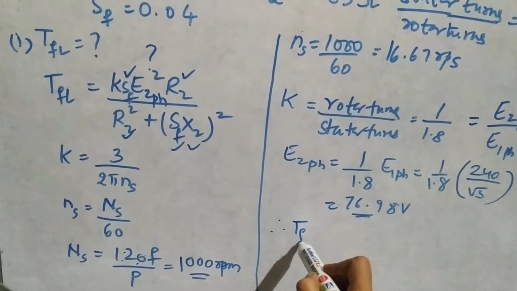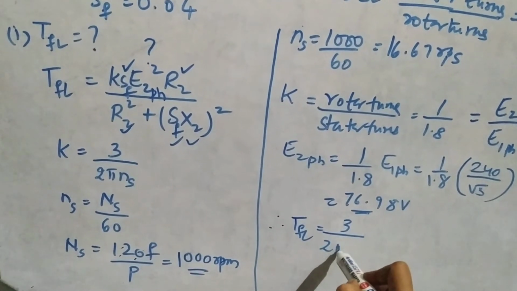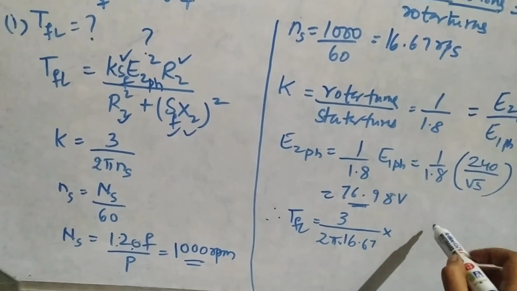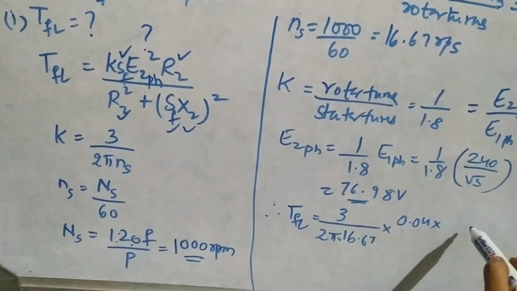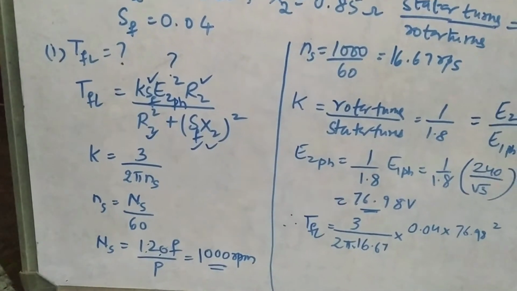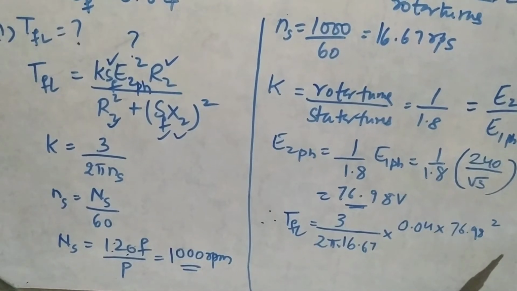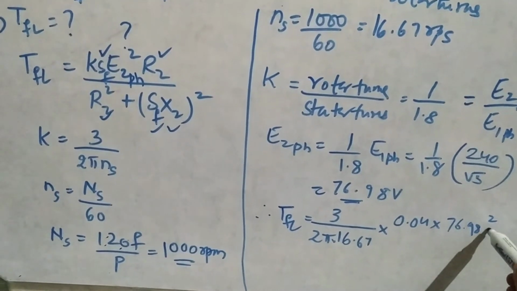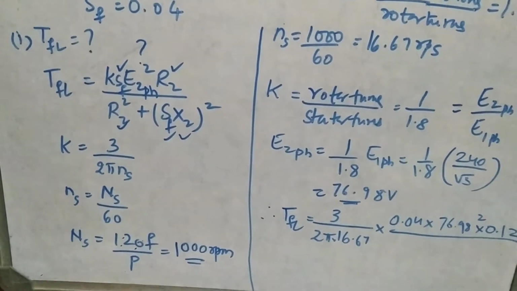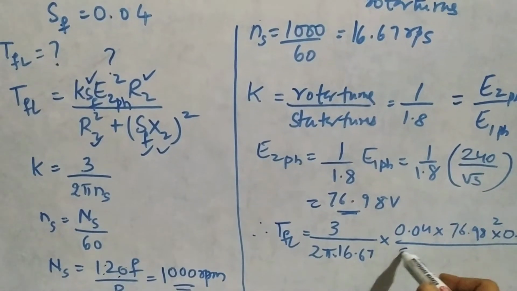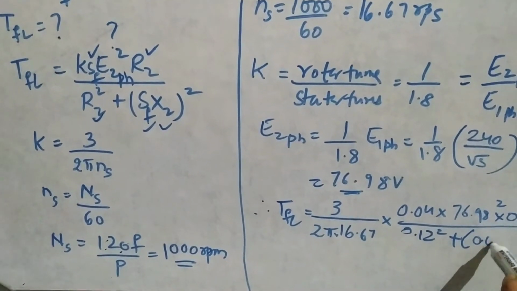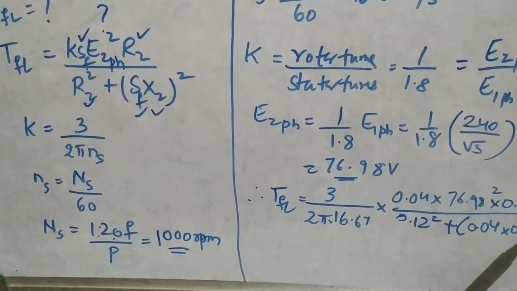Therefore, TFL will be equal to 3 divided by 2 pi NS, that is 16.67, multiplied by SF, which is 0.04, multiplied by E2 phase square, 76.98 square, into R2, that is 0.12, divided by 0.12 square plus SF, that is 0.04 multiplied by 0.85, whole square.